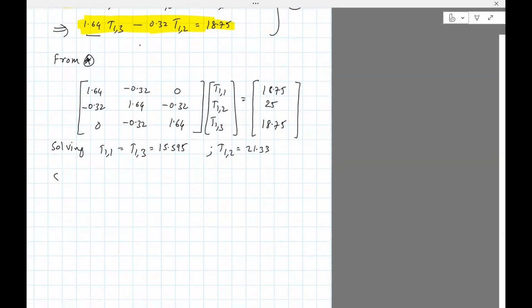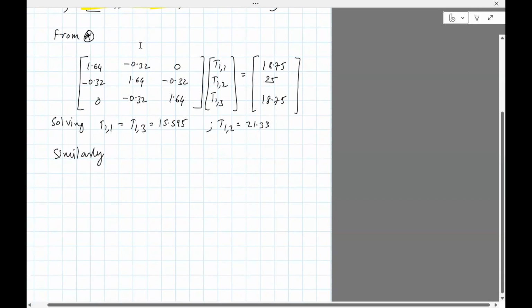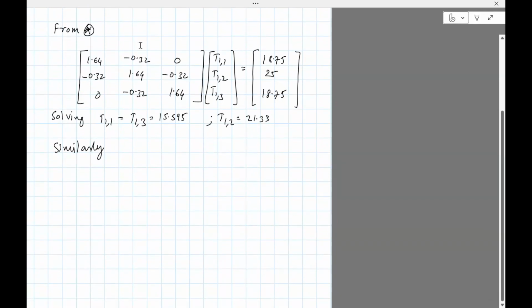Now, it turns out that once you do this for one, you actually will be able to identify a pattern, and you don't have to really do all these calculations, setting up the steps again and again. For example, for i equals 1, we'll get something like this. You'll have exactly the same form for the A matrix.